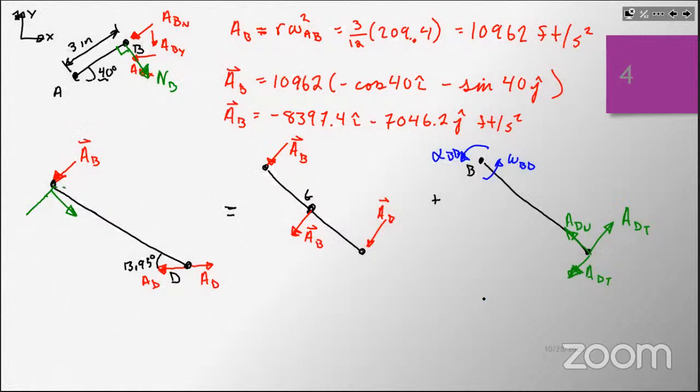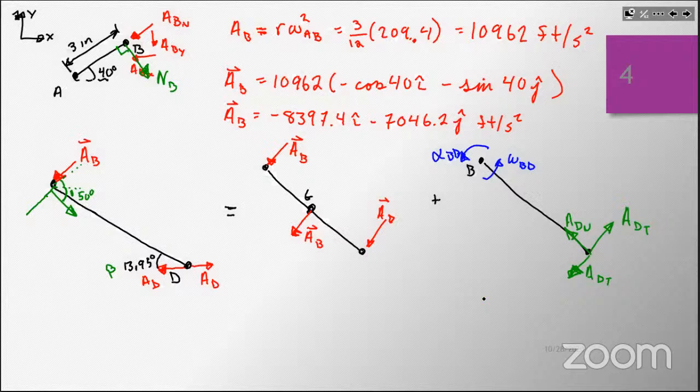We know that between here and the horizontal has to be 50 degrees, because I know that between here and here is 40. So if that's 50, then we can figure out this angle here, which we call beta, by doing law of sines.